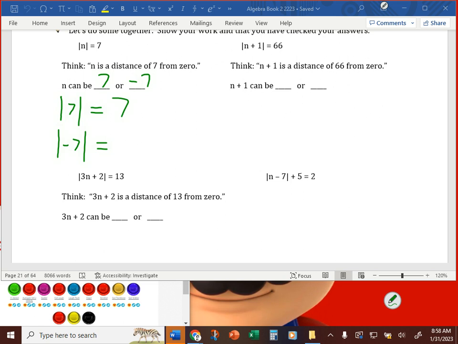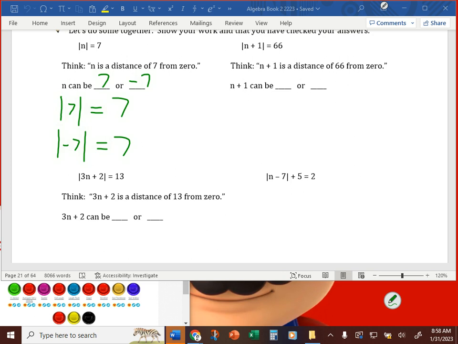What's the distance of -7 from 0? Also 7. So the reason why absolute value has 2 solutions for the variable is because there are 2 sides to 0. And because we're talking about the distance from 0, there are 2 numbers that are the same distance. Follow me so far?